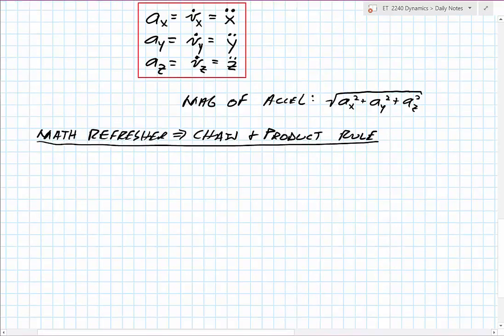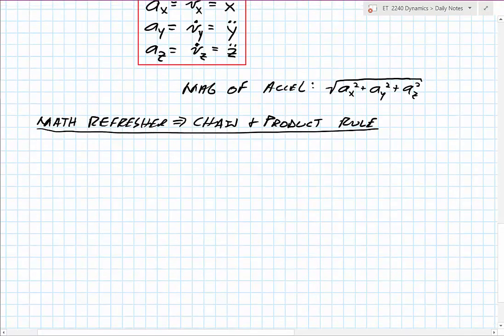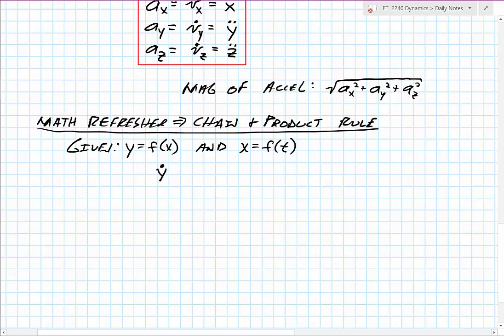So let's say that we were given a function of y, I should say y is a function of x, and we're also given x as a function of time. Well, what we want is y dot. What is y dot?